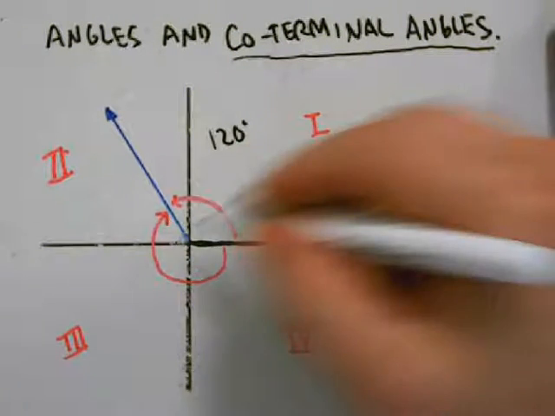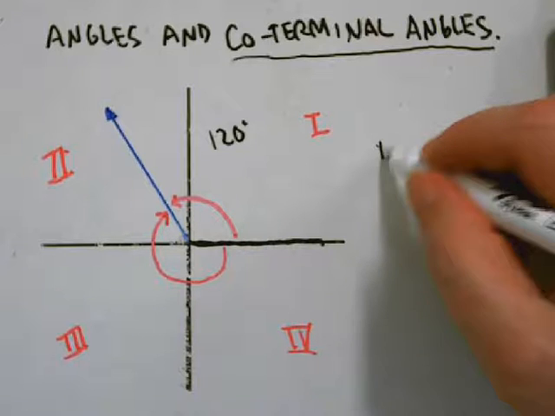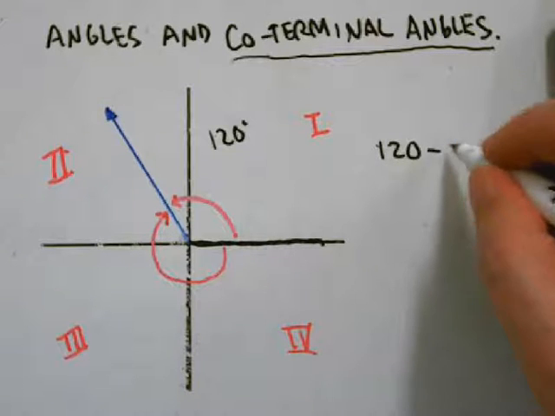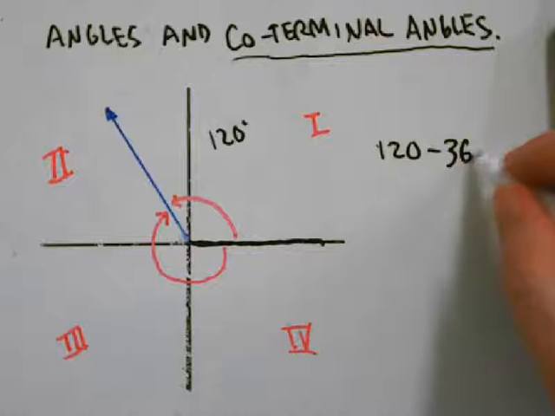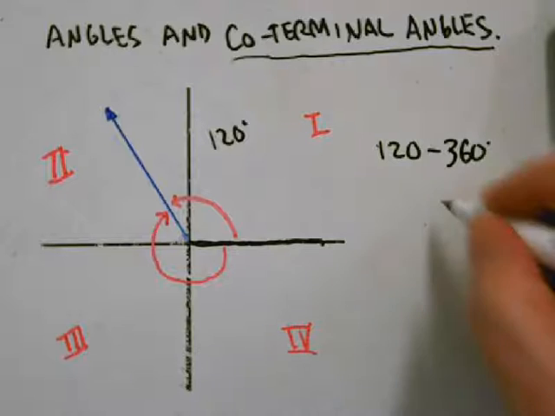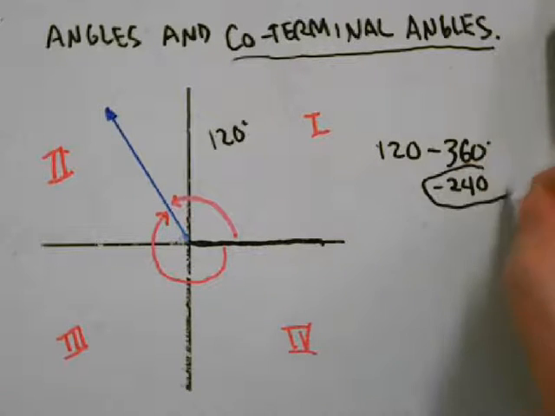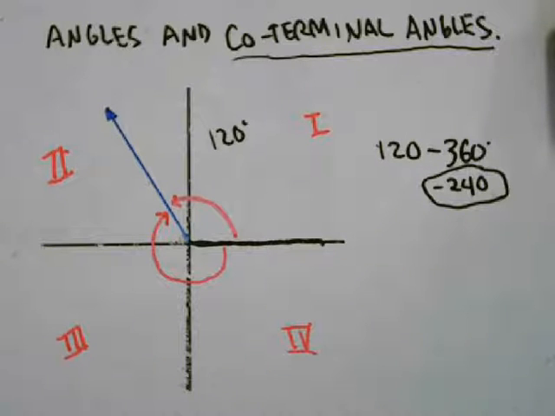So it's really the difference from 360. So the first angle you could find is to just subtract 360 from your angle. So if you subtract 360, you're going to get a negative 240. There's one negative coterminal angle.